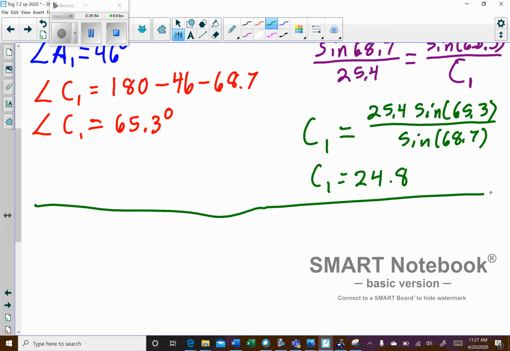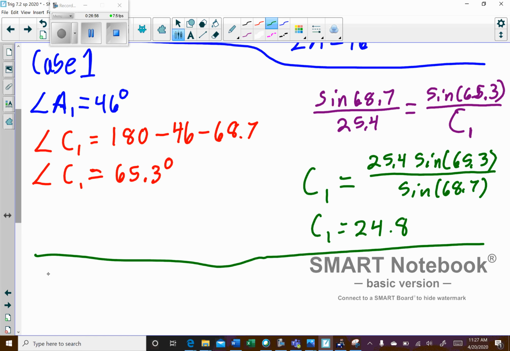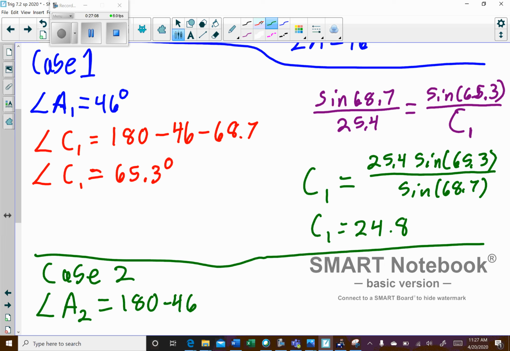So we'll call this case 2. What would happen in case 2 is that angle A, we'll call it A sub 2, would be 180 minus 46, which would equal 134 degrees.